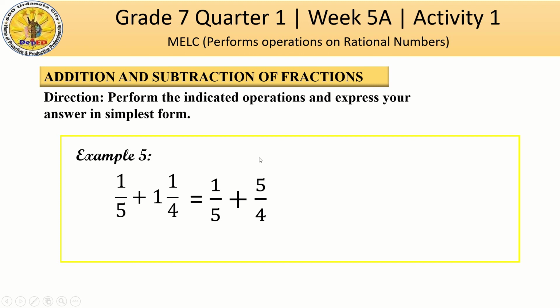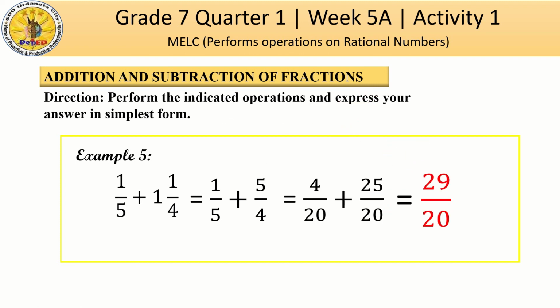Then, get the LCD of it. We have there 20. So, 20 divided by 5 is 4, times 1 is 4. 20 divided by 4 is 5, times 5, we have 25. And then, perform the indicated operation, which is addition. So, 4 plus 25, we have 29 over 20.